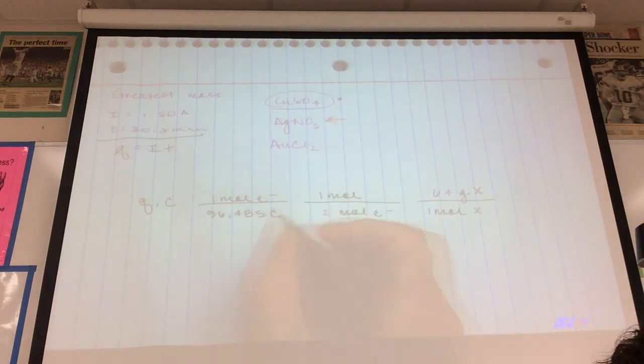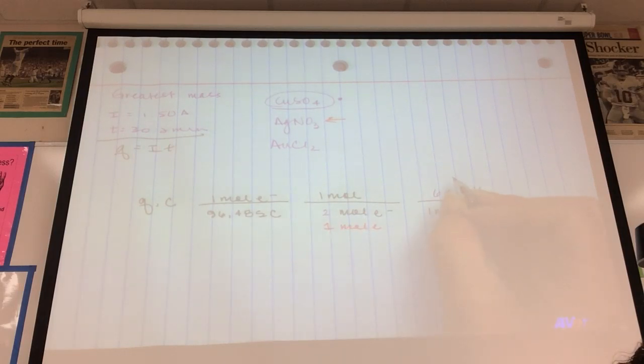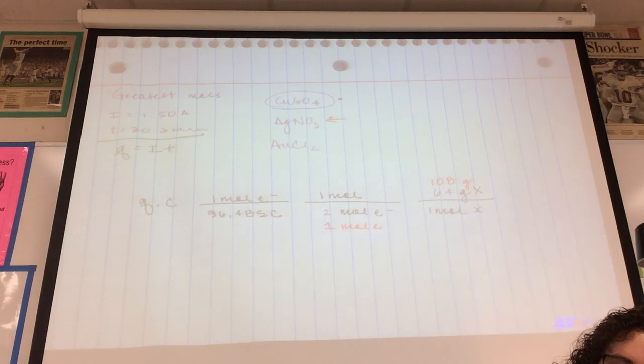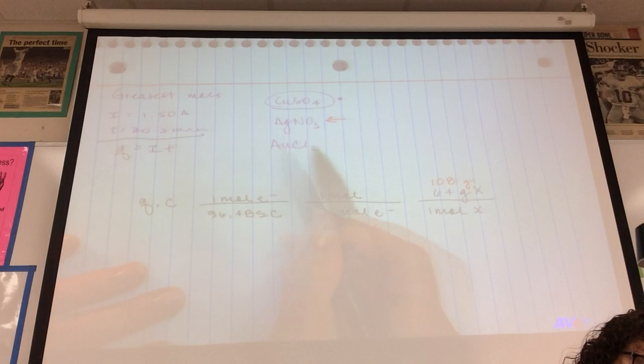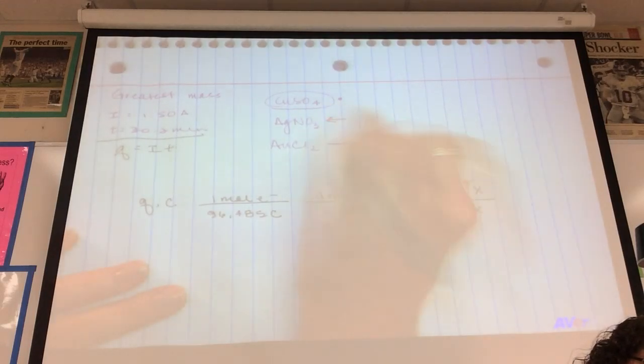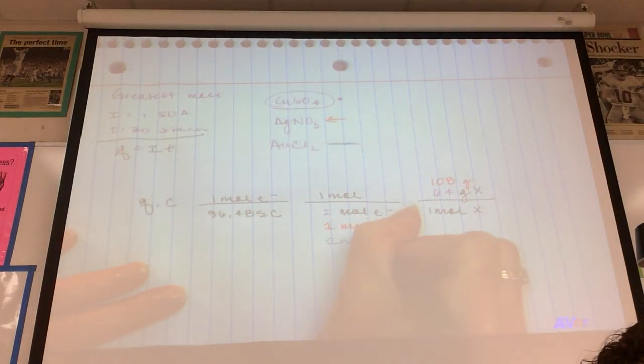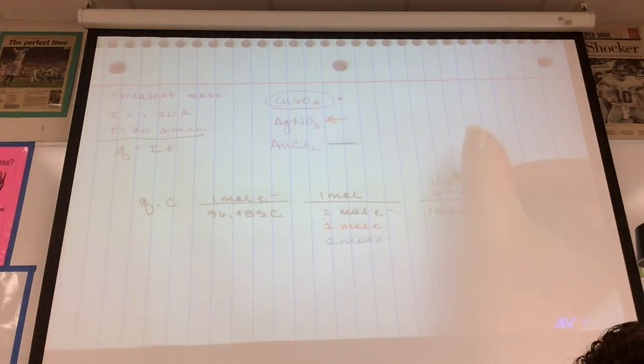For the silver nitrate, how many moles of electrons? And silver has a molar mass of about 108, give or take. And then the gold has 2 moles. And gold is about 197.